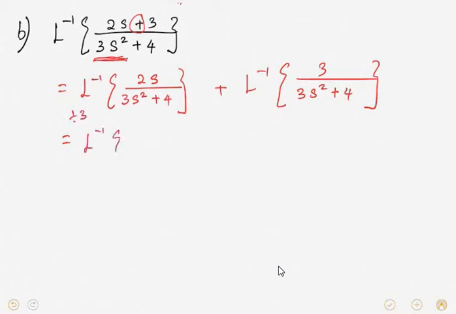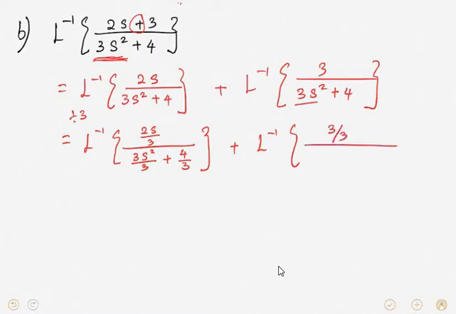Each one we divide by 3, so we have 2s over 3 over 3s squared over 3 plus 4 over 3. And this one is also the same. We have a 3s squared, but we don't want the 3s squared, we only want s squared only. So 3 over 3, and then 3s squared over 3 plus 4 over 3.